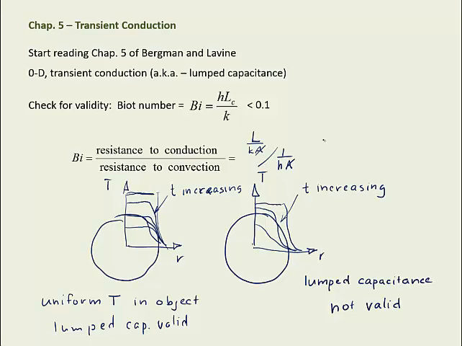Surface area is the same for this object, and I'm left with hL over k. And so there we have our Biot number. And again, we want a small resistance to conduction, and then resistance to convection is more significant. It's a larger value.